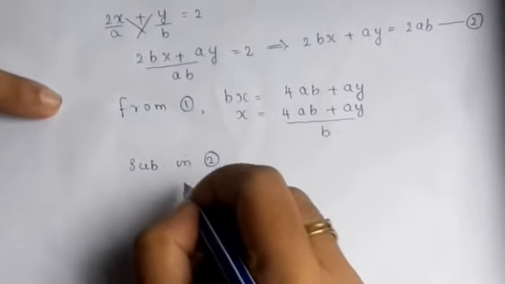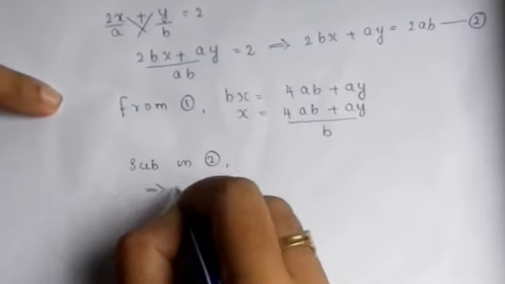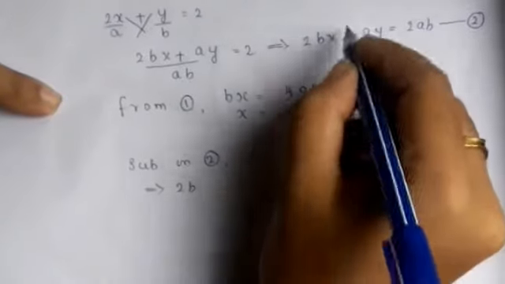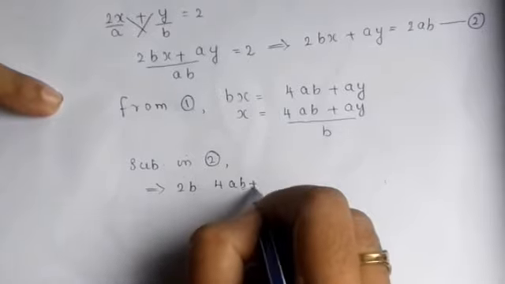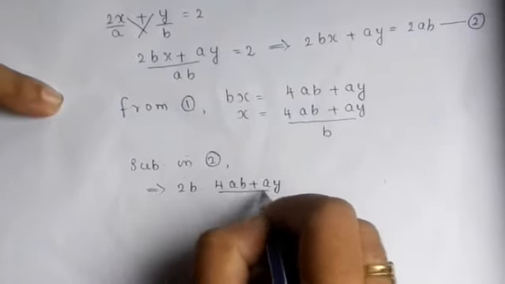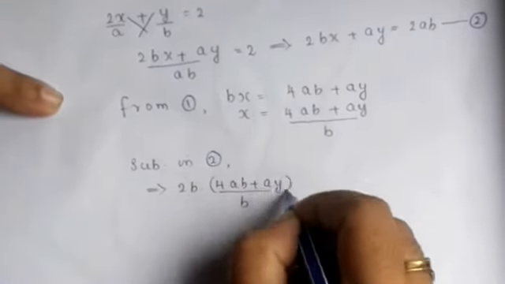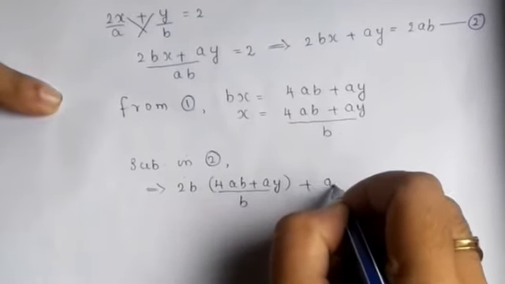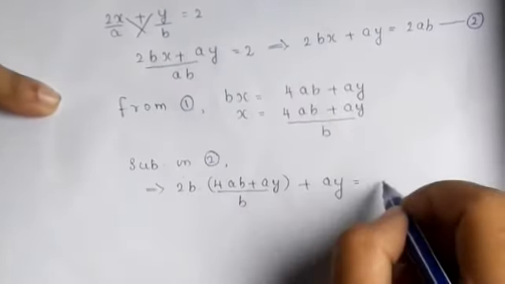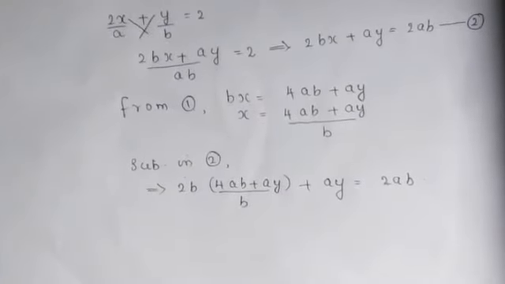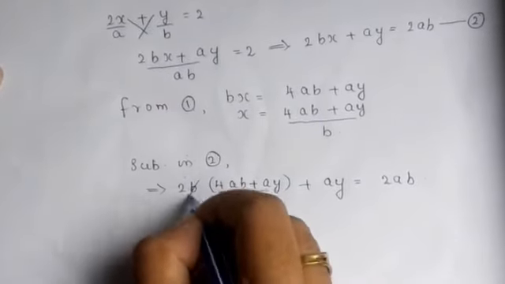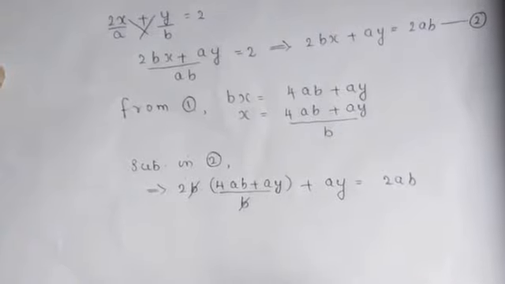You will get 2bx. What is x? 4ab plus ay, all divided by b. Plus ay is equal to 2ab. Now before simplifying, we can cancel this b and b, isn't it?